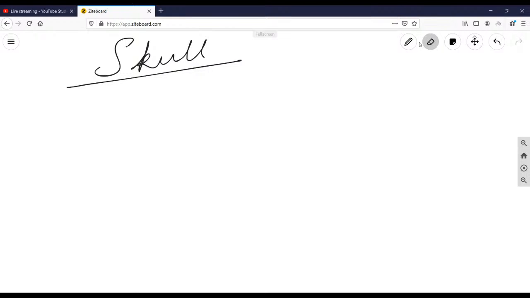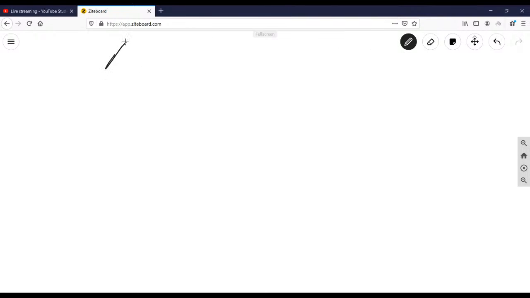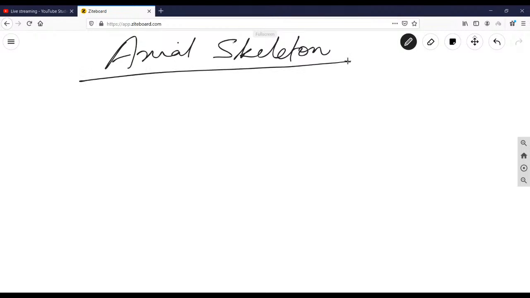Axial skeleton, first of all let's put the heading as axial skeleton, and then we start counting the bones. Number one is the skull.